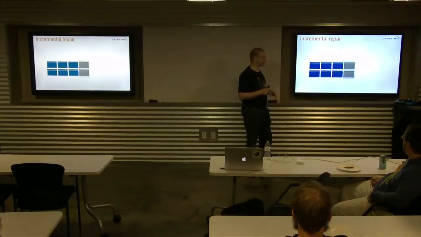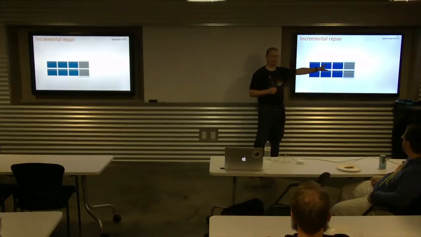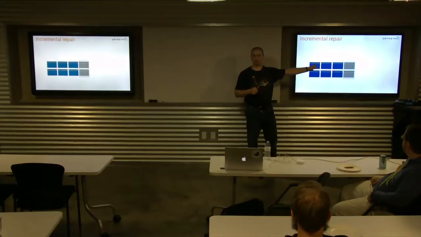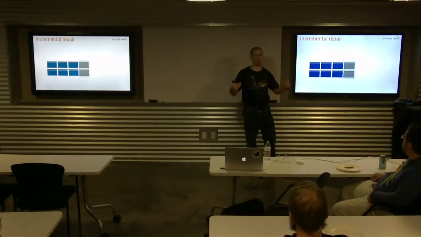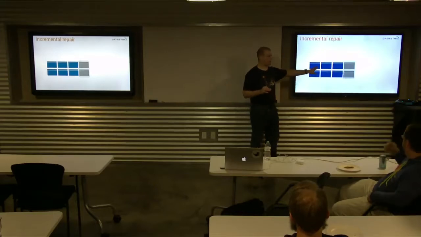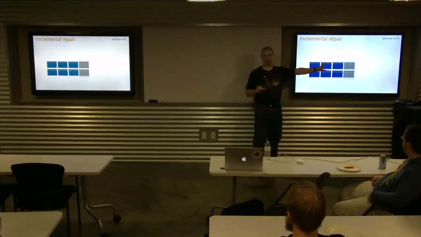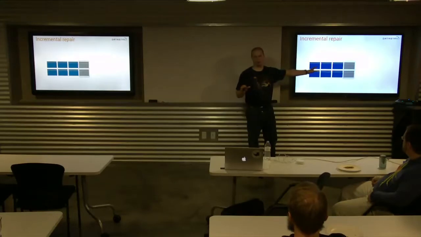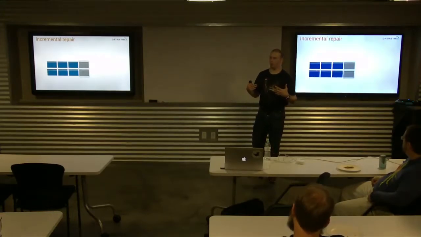So what we'd like to do is take advantage of the fact that once our SSTables are written to disk, they're immutable. We never change them again. We write out new SSTables with new updates. So in theory, once I've repaired an SSTable, I should never have to repair it again. So that's the approach that we take for incremental repair.